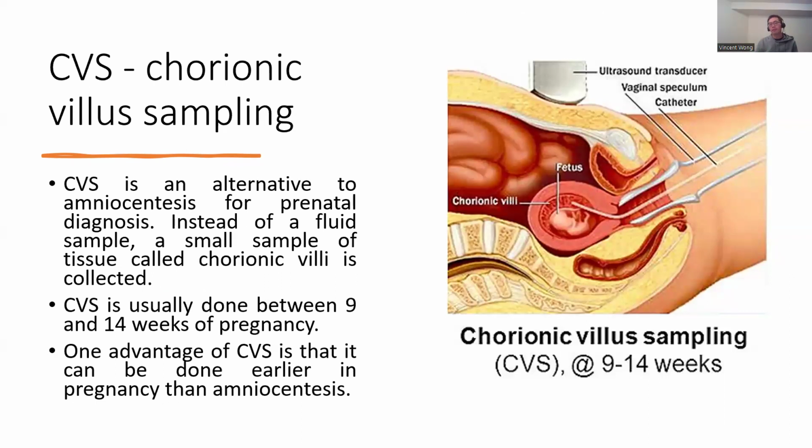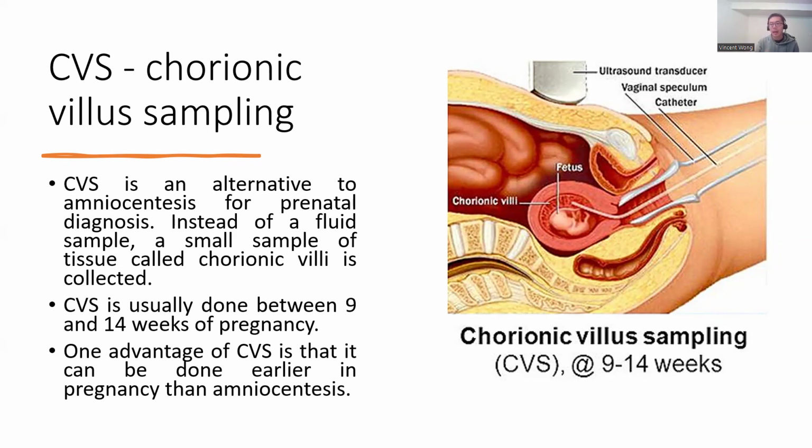So the other method is called CVS, chorionic villus sampling. The chorionic villi are tiny projections coming out of the placenta tissue. They look like fingers, literally.